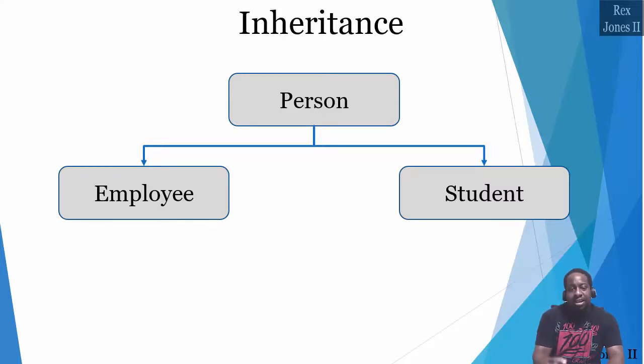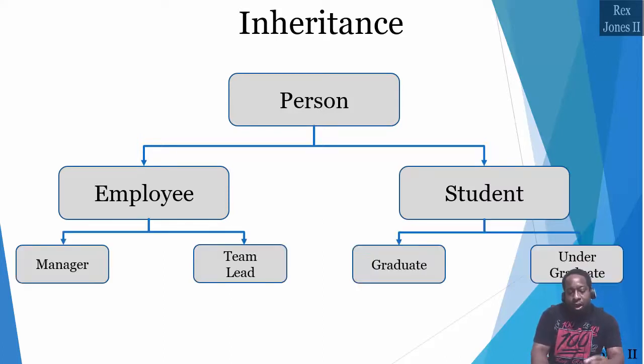The child classes can become a parent to other classes. When it comes to sharing data, both child classes and each grandchild inherit from the person parent class. Let's say the person class has a variable called name and a method called getName.